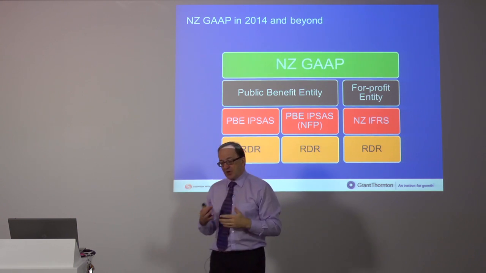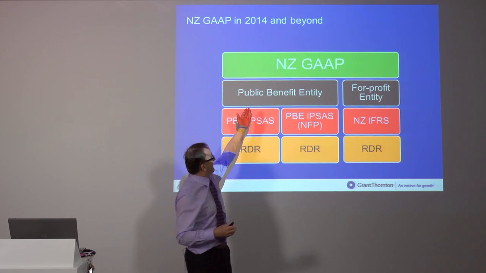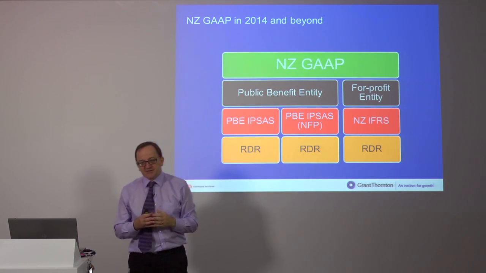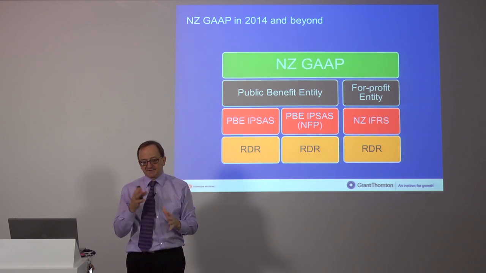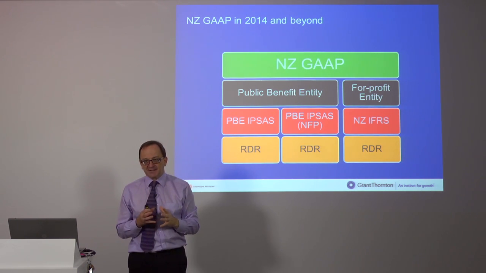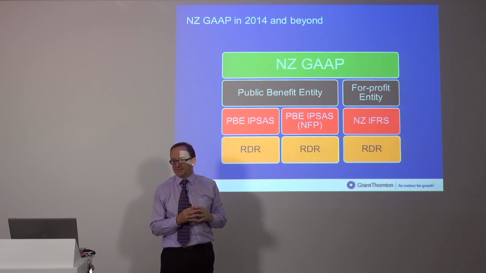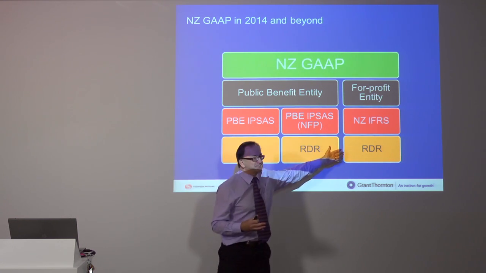And there's a lot of guidance material about whether you are a public benefit entity or not. So if you're preparing financial statements and you do have commercial operations, you really do have to ask yourself whether you're in that space or that space.